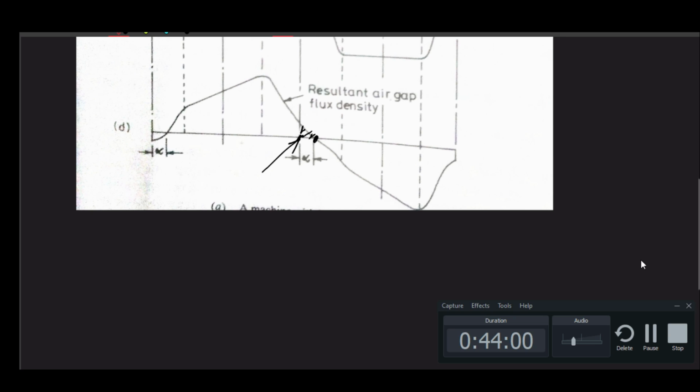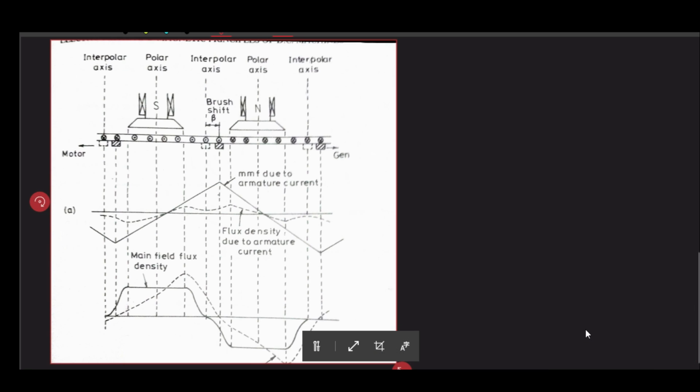Now see here, we are considering the brush shift beta.